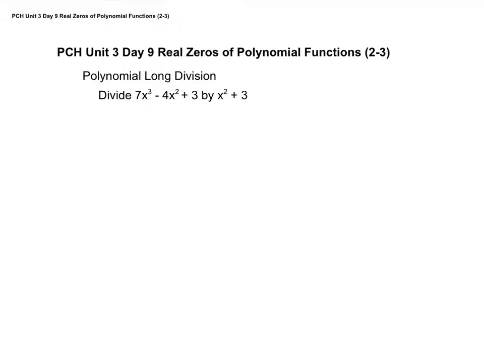Before we deal with polynomial long division, one thing I want you guys to understand is that you learned the process for this in like 3rd grade, okay? If you were to do, say, 374 divided by 9, okay?